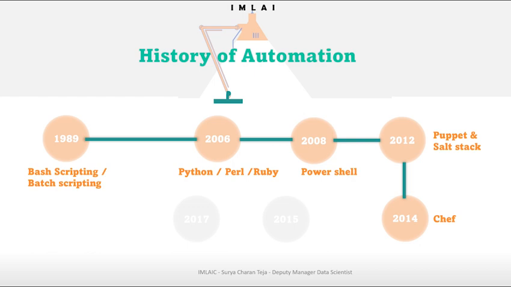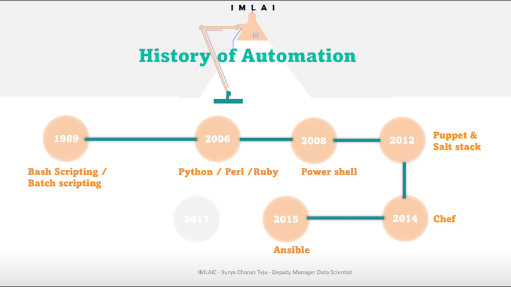And then came Ansible, which was again a configuration management tool developed by Michael DeHaan. Ansible was written in Python. Again, Python has come into the picture. And out of all this, Ansible is the simplest automation tool.